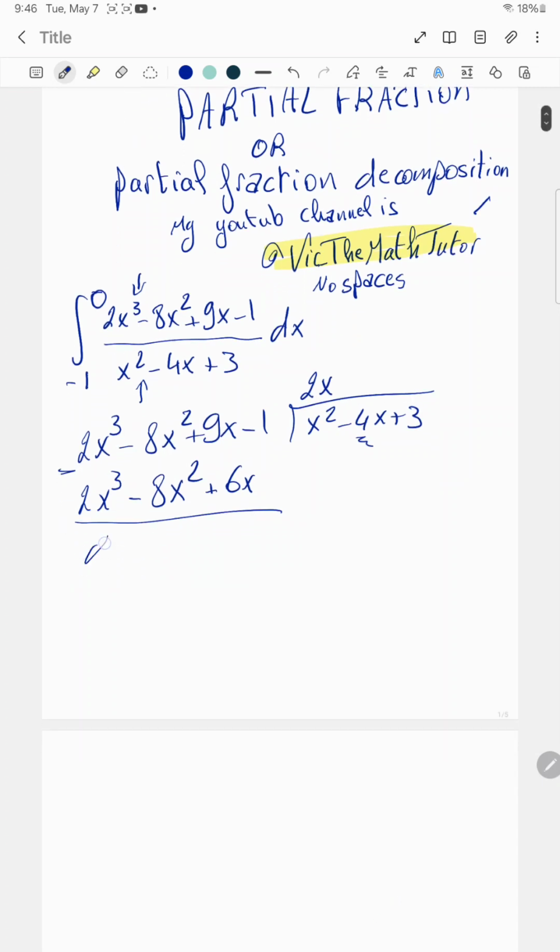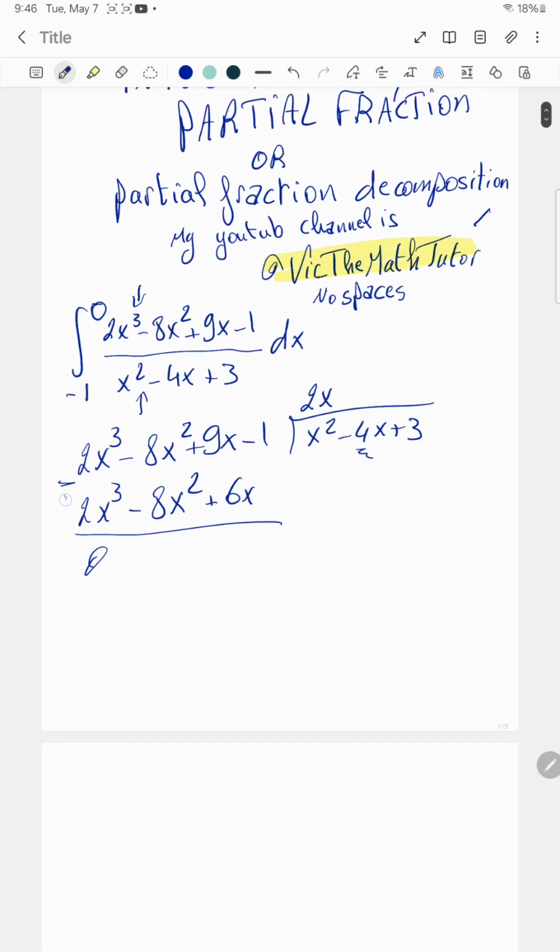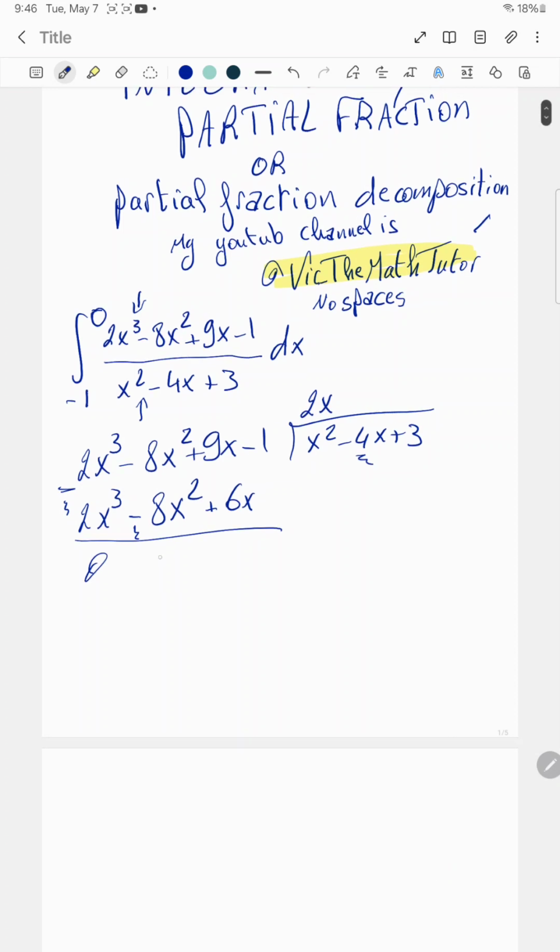2x to the power of 3 minus 2x to the power of 3 is 0. And here, minus times minus is equal to plus. So I have minus x squared plus 8x squared, which is 0. And then 9x minus 6x is 3x. I have to bring down this minus 1.